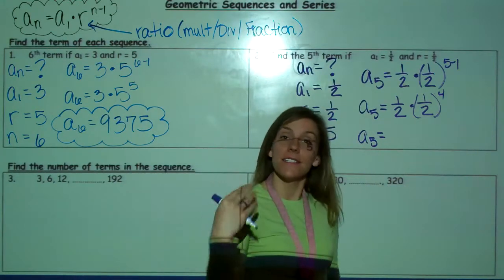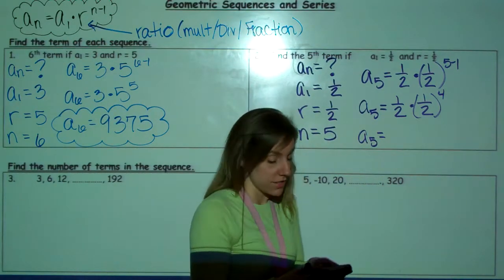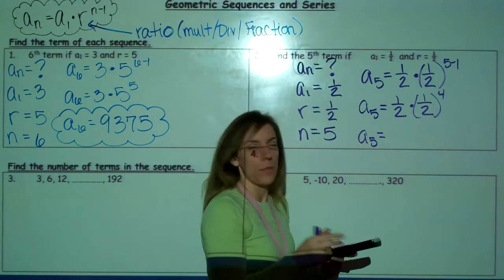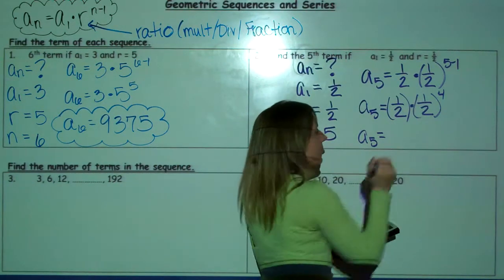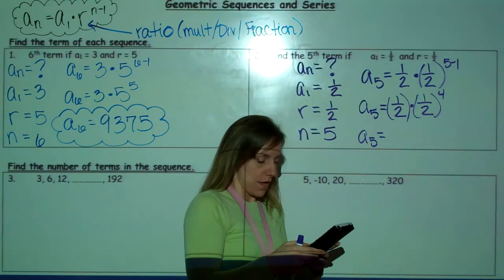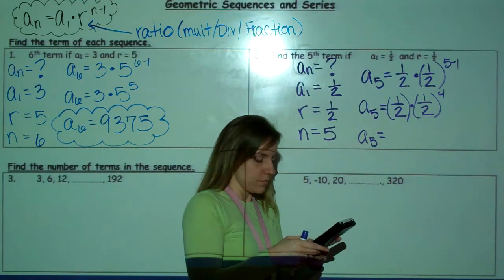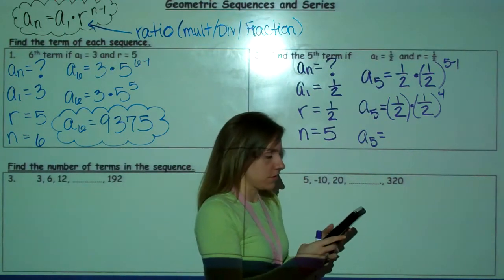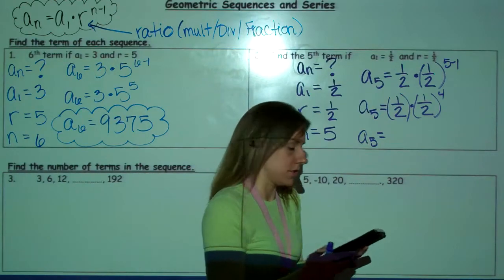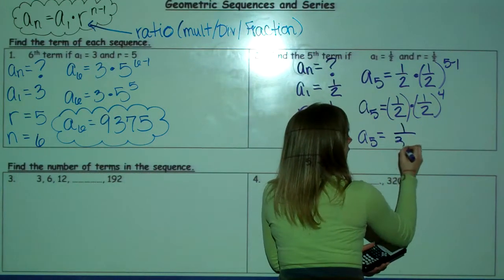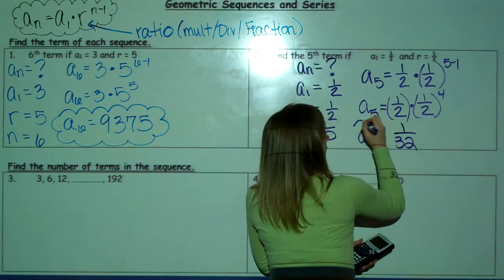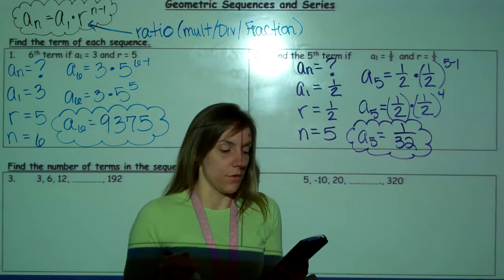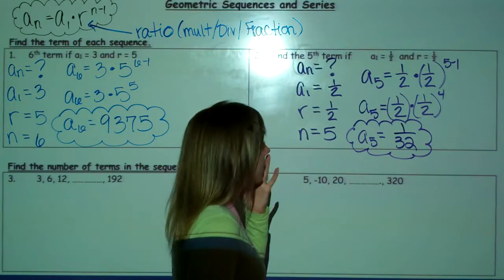And because it's fractions, when I put it in my calculator, I'm going to go ahead and put parentheses around both. 1/2 to the 4th power. Math, enter. So I'm going to go ahead and make it a fraction. I did get a decimal out, 0.03125, but that is a fraction.